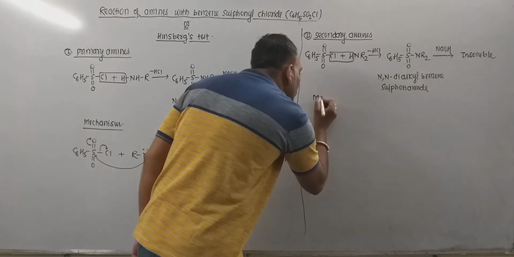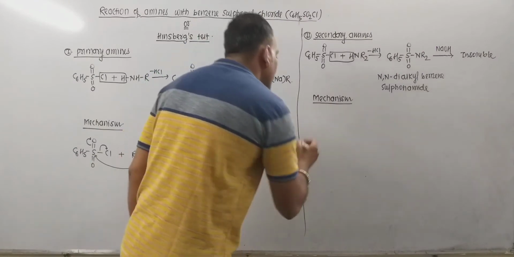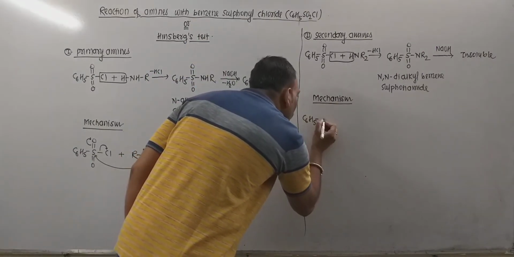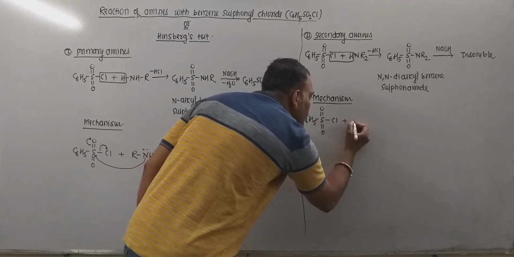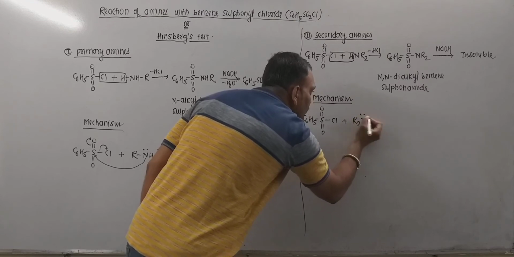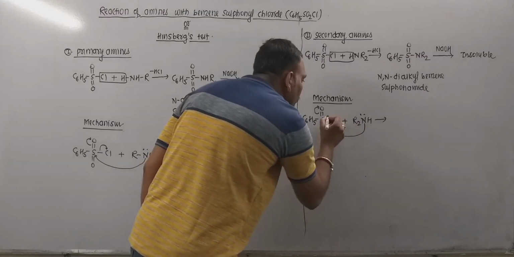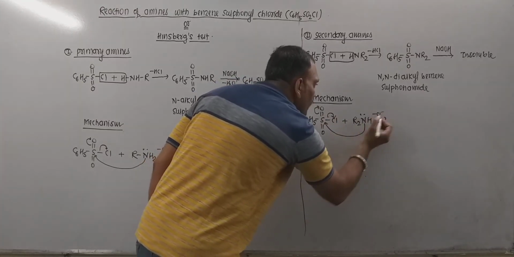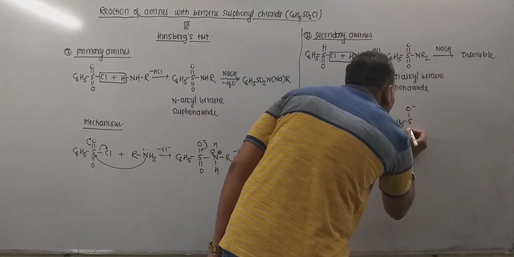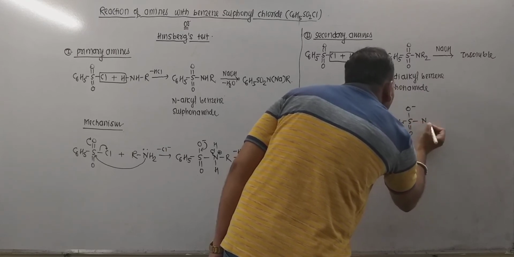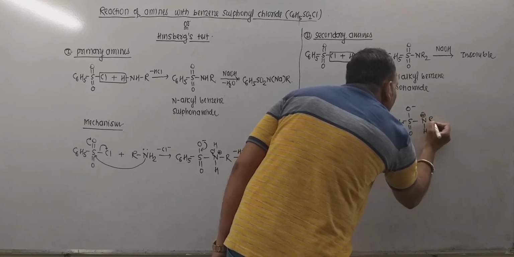So let's see the mechanism of this reaction now. It also takes place in a similar manner. Our benzene sulfonyl chloride is treated with the secondary amine R2NH. Now we know that this group is polar, so nitrogen attacks sulfur and thereby departure of chlorine in the form of chloride ion takes place, that leads to the formation of C6H5SO(-)=O N(+)H R2.